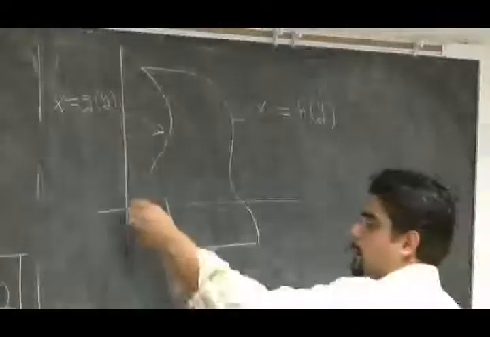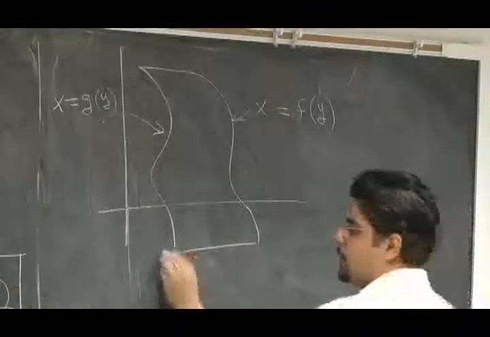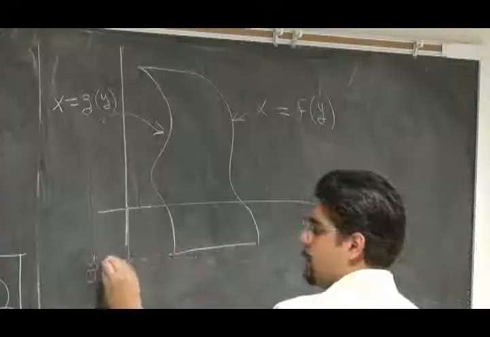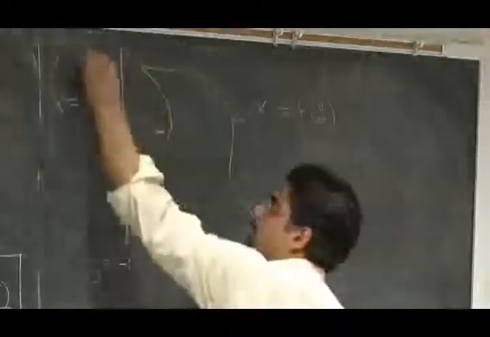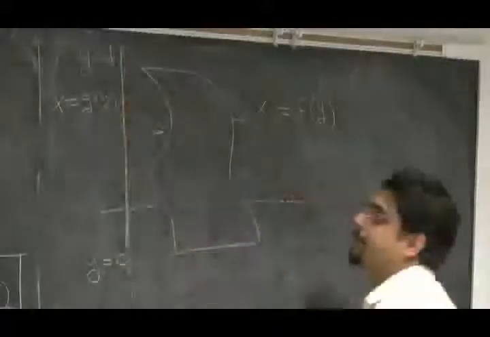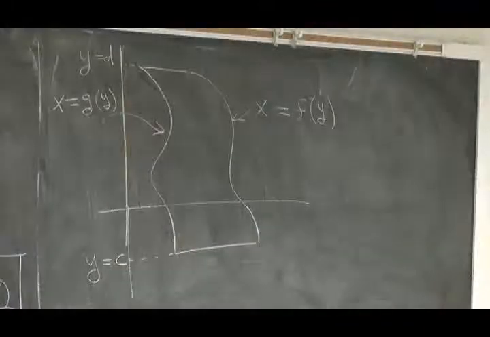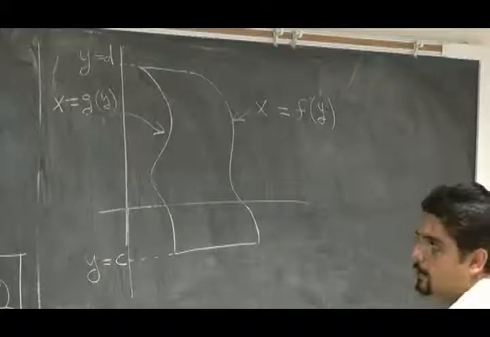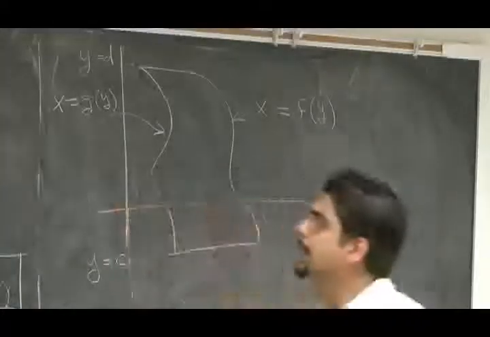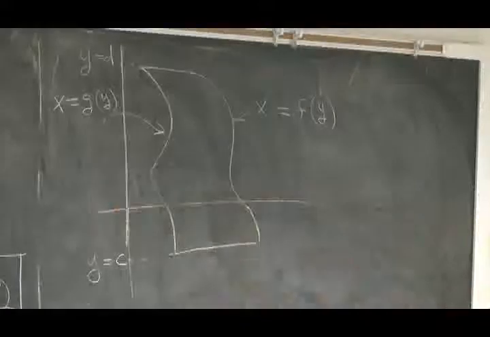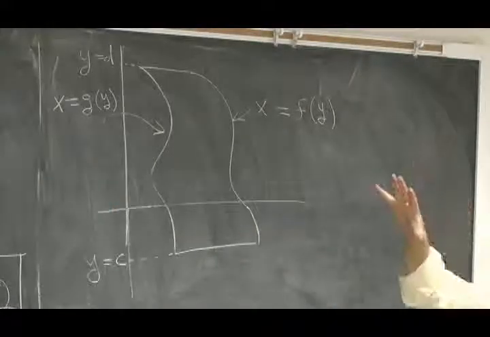Alright? Where this bottom part is the line y equals c, and this top part is the line y equals d. Okay? In this case, you could think of this problem being the same problem as we did earlier, except it's kind of switched around.